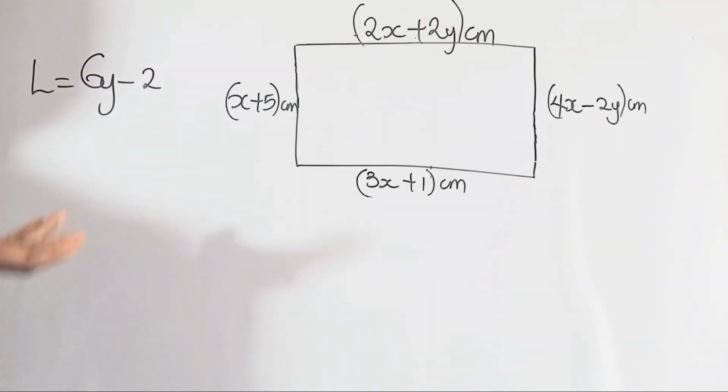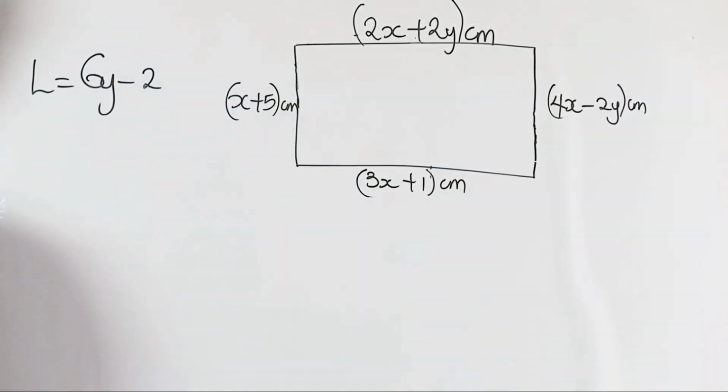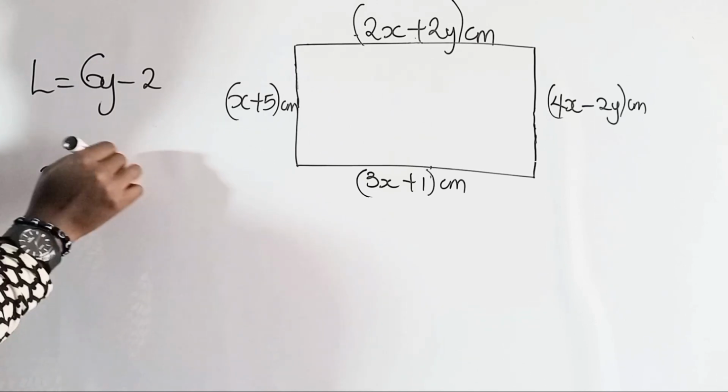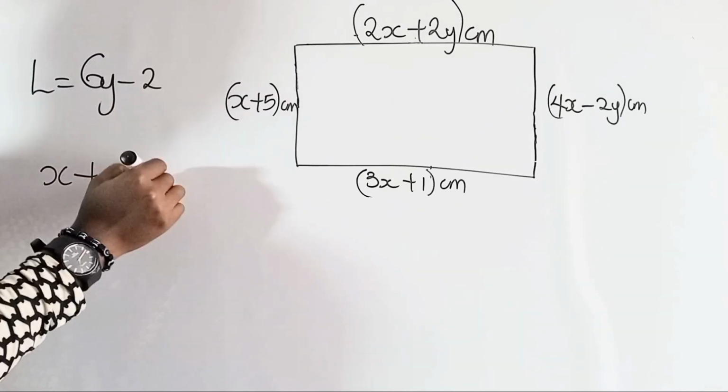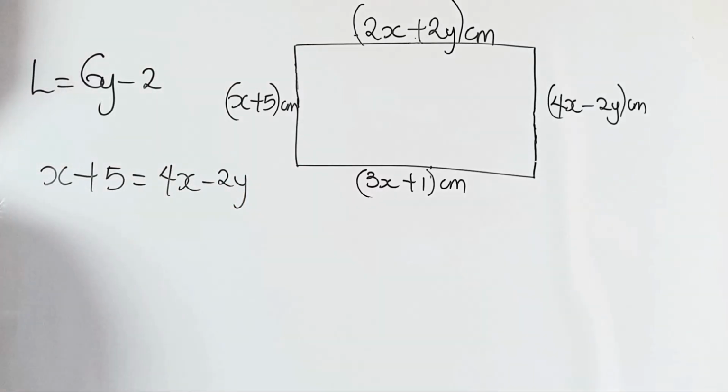We are going to repeat the same process by equating these two values. So it's going to be x plus 5 equals 4x minus 2y. Now, let's make x the subject by grouping the like terms together.